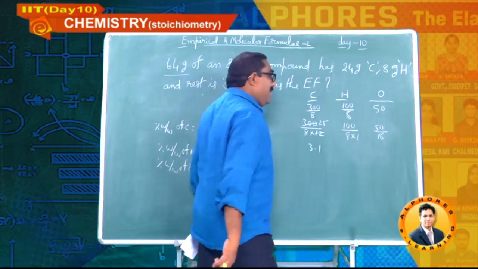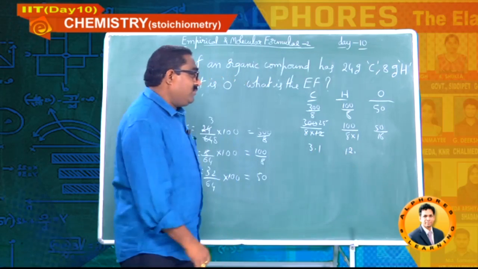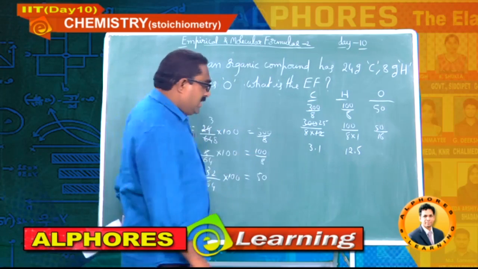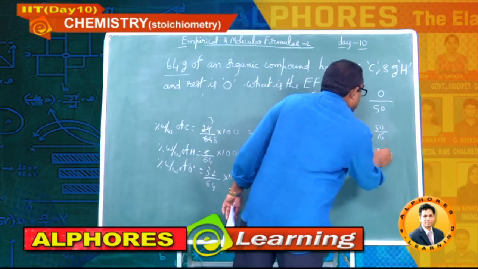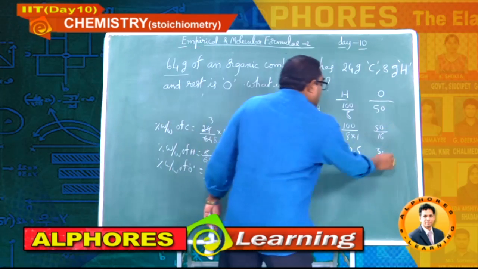This is 100 by 8, 12 8s are 96, approximately 12.5, almost exactly 12.5. 50 by 16, 3 16s are 48, again 3.1.